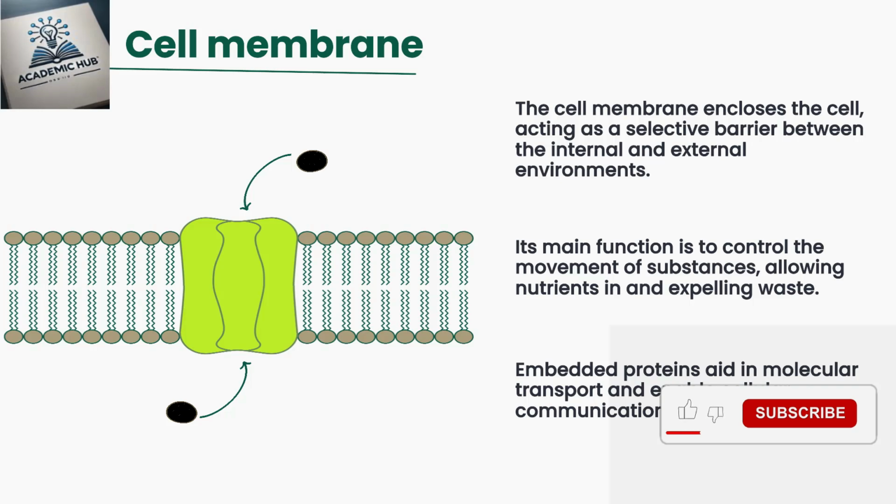A well-known example is the insulin receptor, which plays a crucial role in regulating glucose uptake in the cells. When insulin binds to its receptor on muscle or fat cells, it initiates a signaling pathway that results in the transport of glucose into the cell.